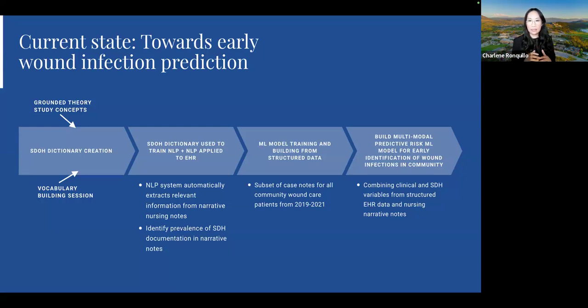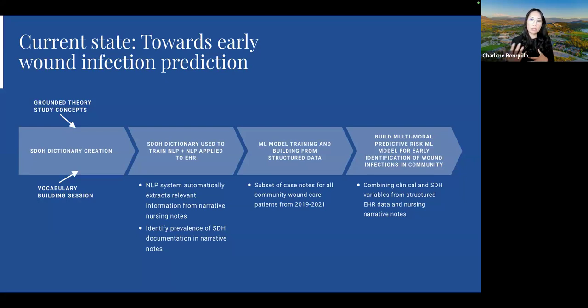Another part of it is building a machine learning model with just the structured data, just the data that we normally input without any of the text data. How does that perform in terms of wound prediction risk? And then the final step is adding in that text data into the model and seeing how it changes the prediction performance.